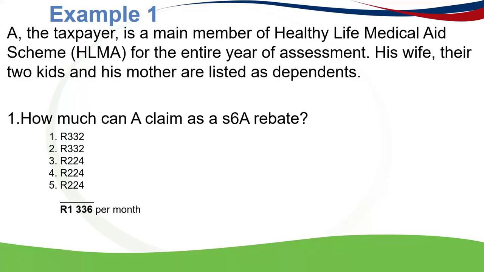If the taxpayer contributed towards the medical aid for the entire year of assessment, then that would be the 1,336 per month multiplied by 12 months, and in total, that would give the sum of 16,032. Right, so that 16,032 is the 1,336, that is the monthly credit for the 5 dependents, times 12.